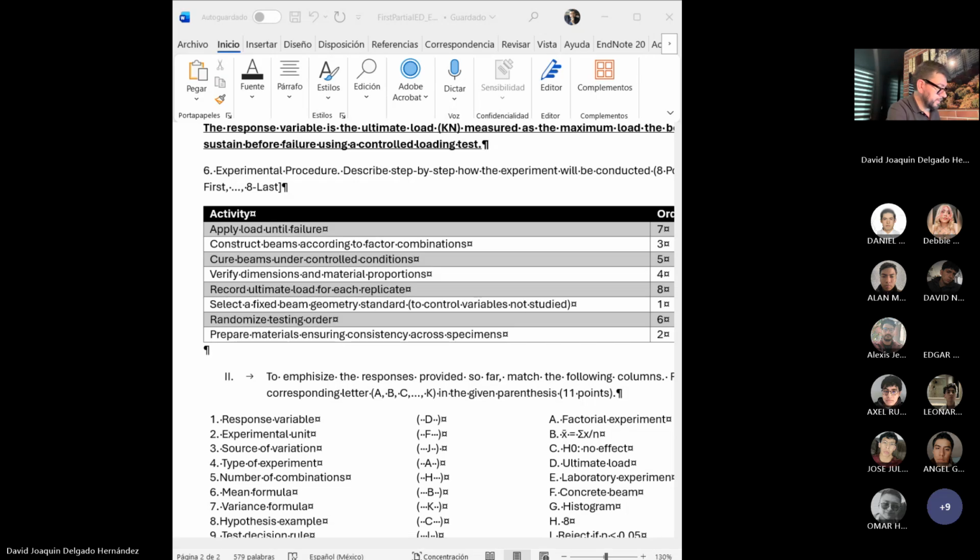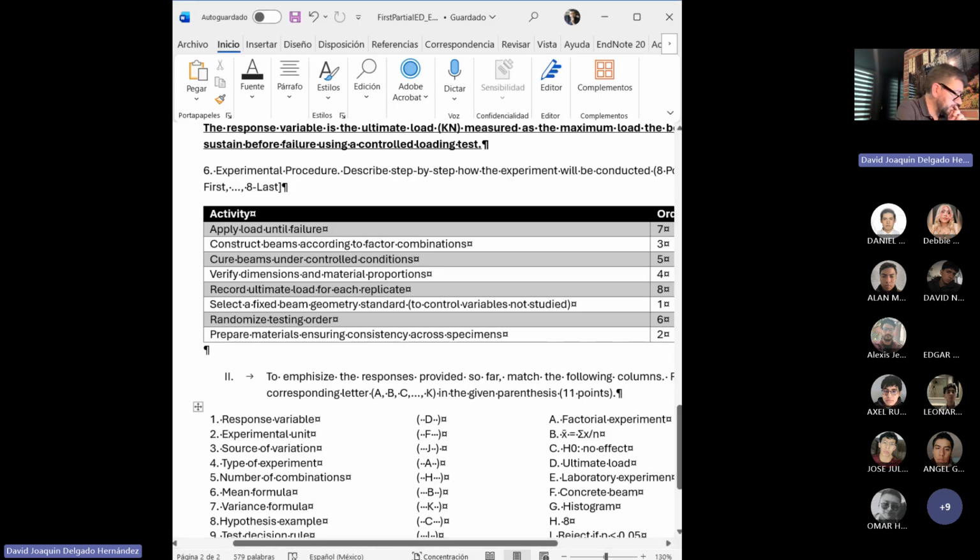Okay, I have scanned every one of the exams. So let me just find it here in my computer. Wait a second, please.